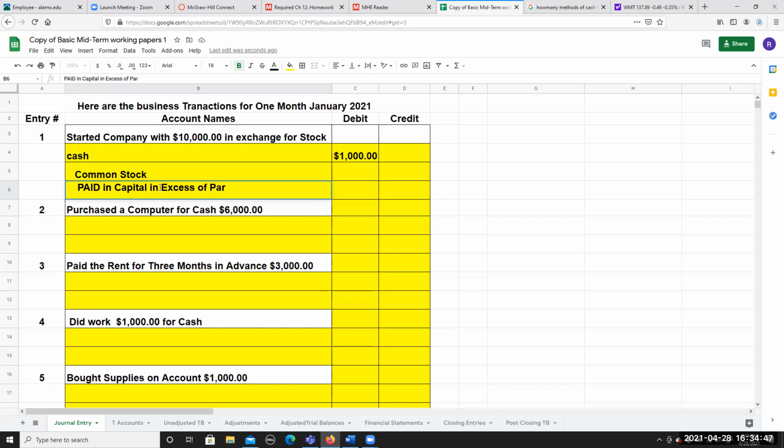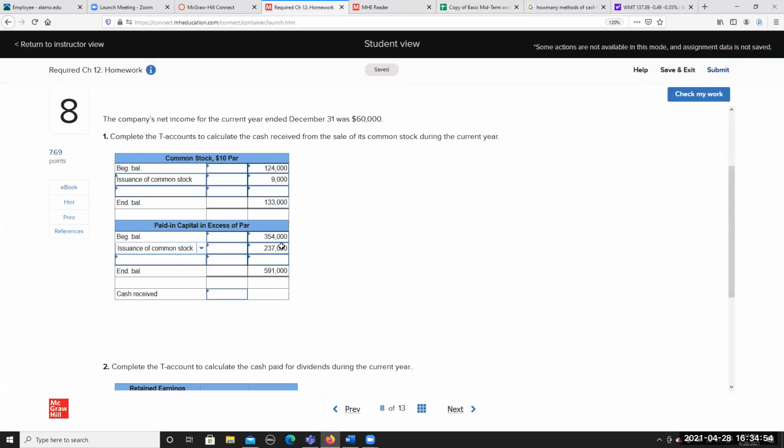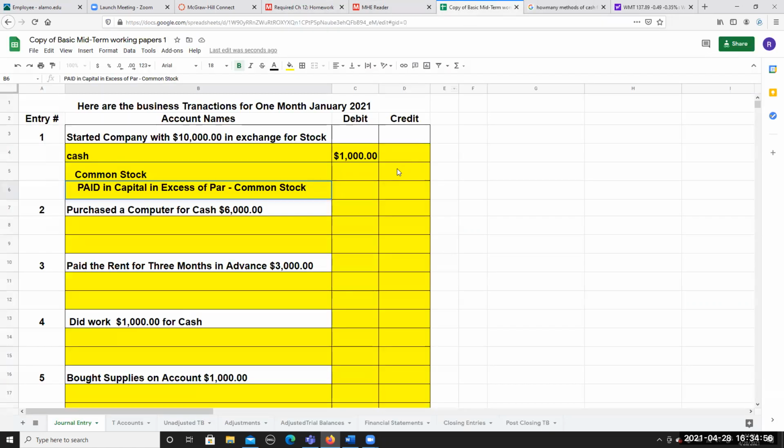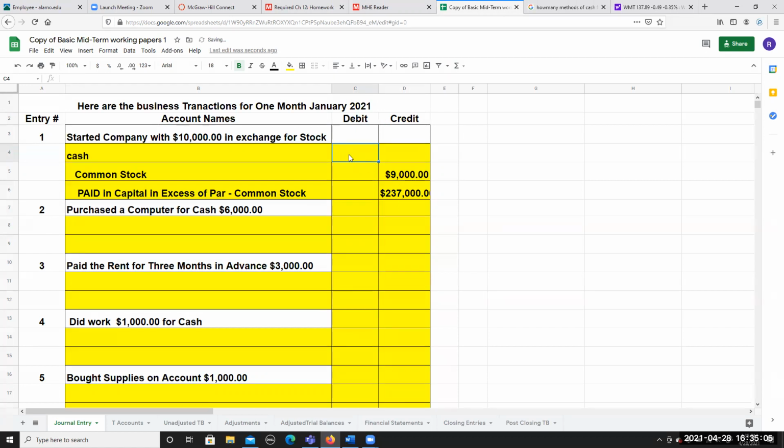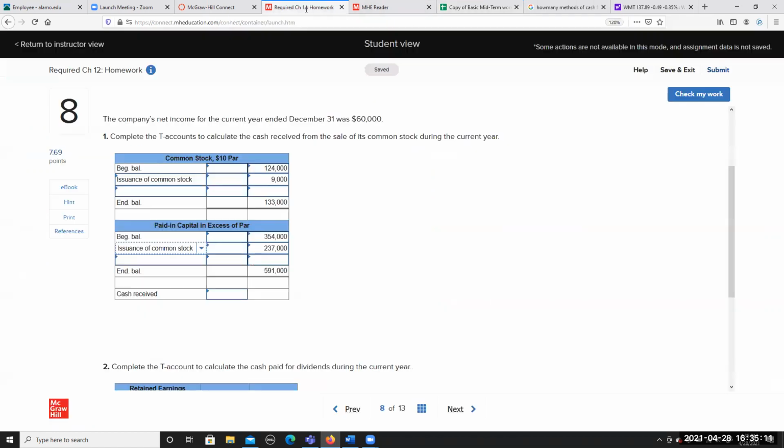Remember that from common stock. So what are our numbers? 9 and 237. And the cash would be how much then? It's the sum of these. It'd be 246, right? So if we go back here, the cash received is 246.